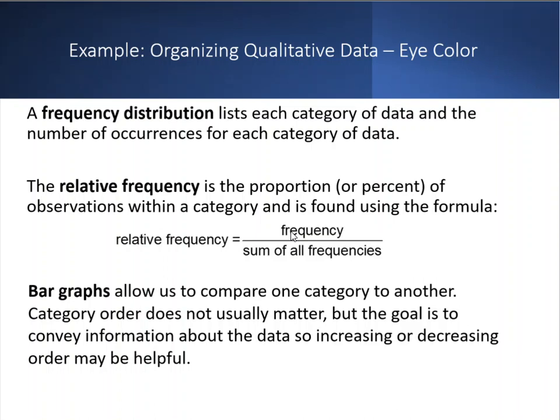It doesn't matter whether I put Republican, Democrat, Independent, or maybe I put them alphabetical. It doesn't really matter for qualitative data. Your goal should be to convey as much information about the data as possible in the smallest piece of time. So this is our introduction to organizing our qualitative data.